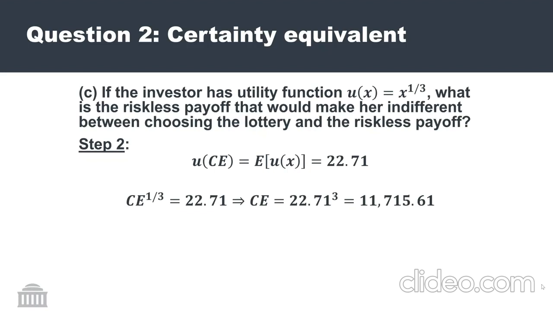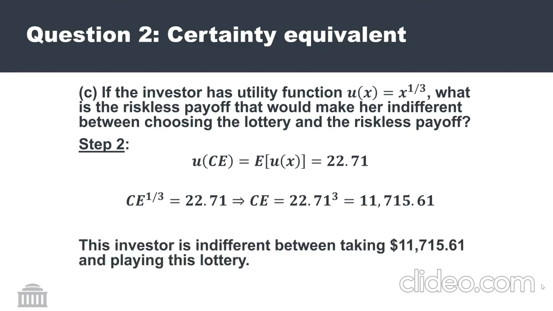So therefore, CE equals 22.71 raised to the power 3. And this equals $11,715.61. So therefore, this investor is indifferent between taking $11,715.61 and playing this lottery.